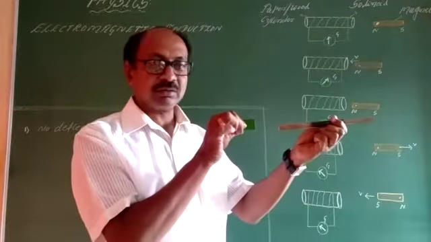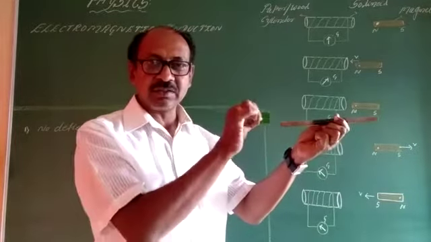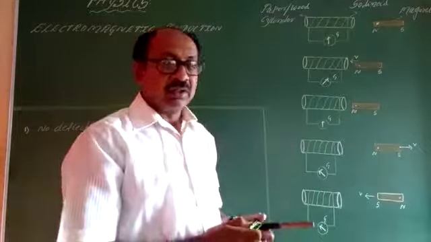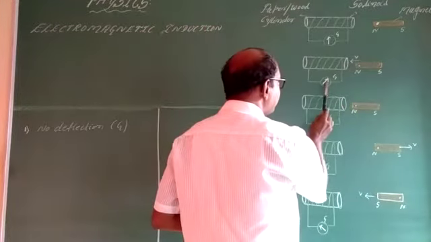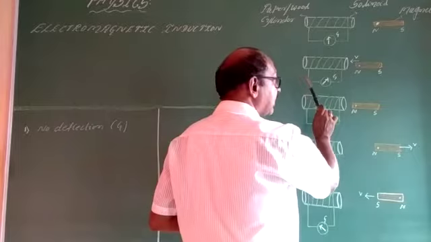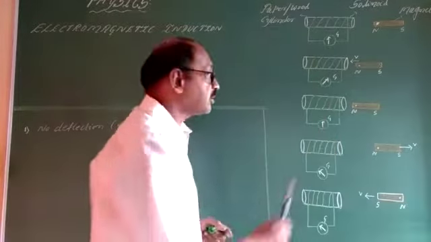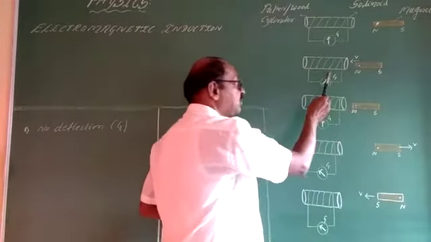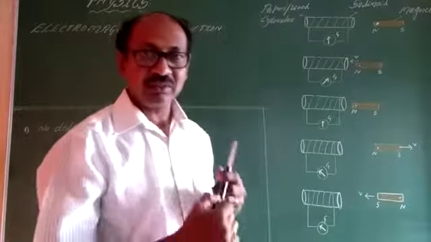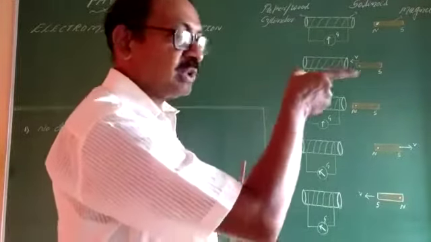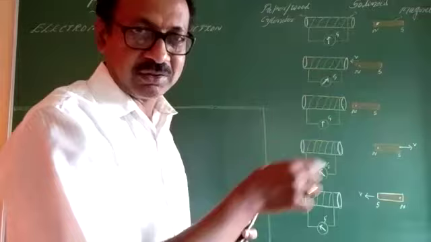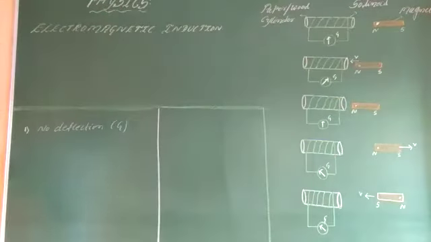If you do like this, then what happens? The galvanometer shows a right deflection when the north pole is moved towards the solenoid. The needle of the galvanometer moves towards the right.